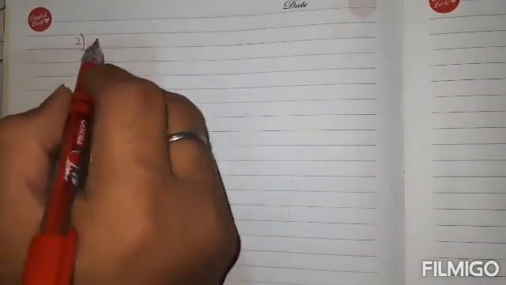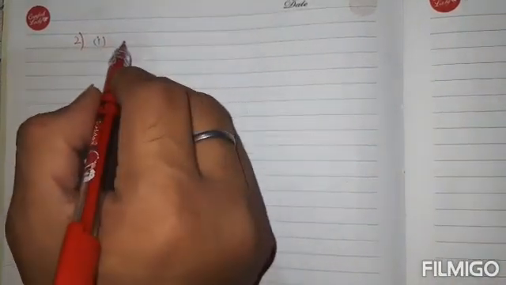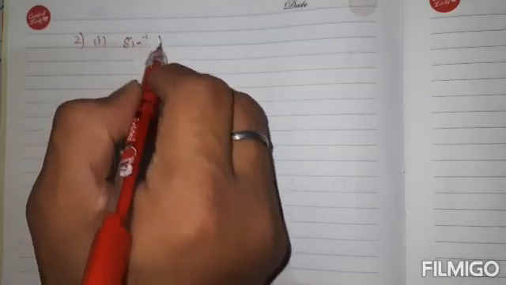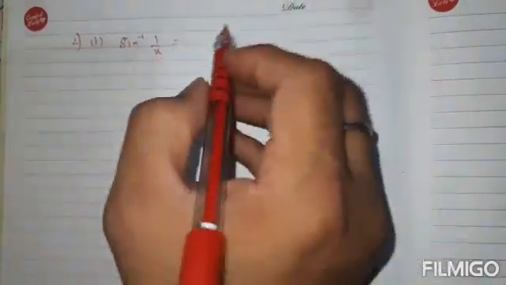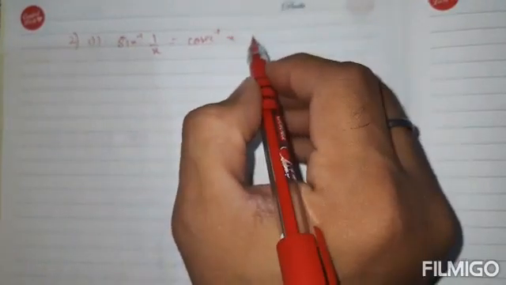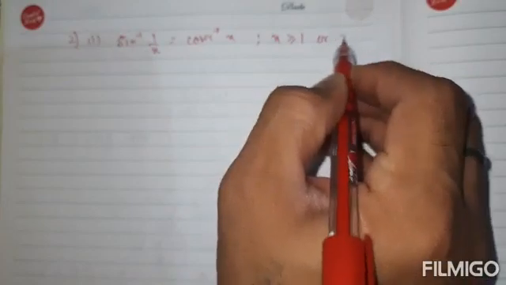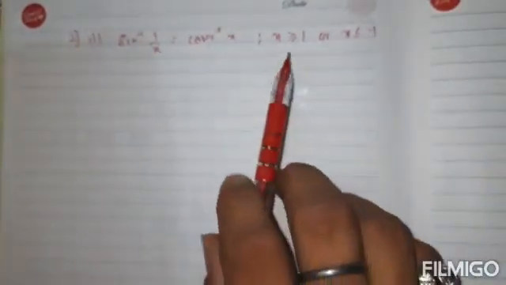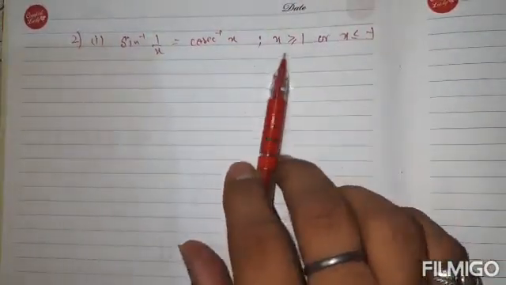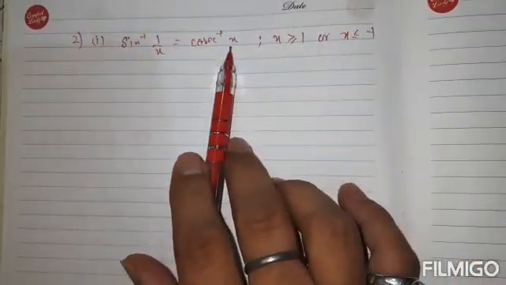See this one. The first formula is: if we are given sine inverse 1 by x, then its value is cosec inverse x. Here it should be noted that x is greater than or equal to 1 or x is less than or equal to minus 1. This is the principal branch, or the domain, of the cosec inverse x function.